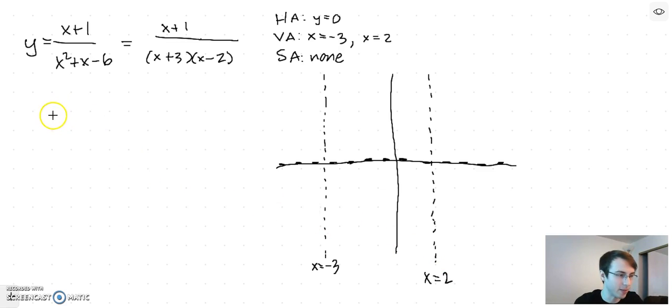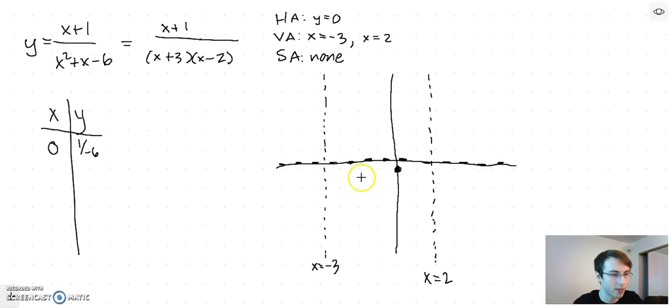Now let's go ahead and make our table, x and y. When we plug in, I like to start plugging 0 for x because that's the easiest. We just get 1 over negative 6, so that's negative 1/6. So that's like down here. Let's plug in something on this side and this side.